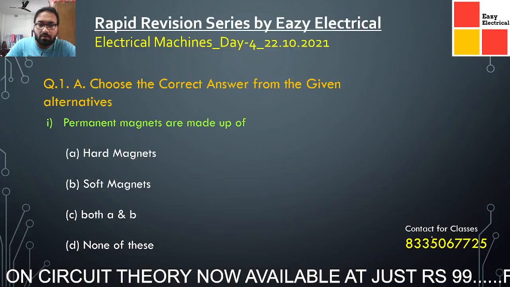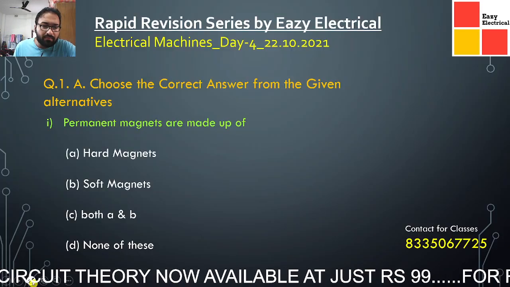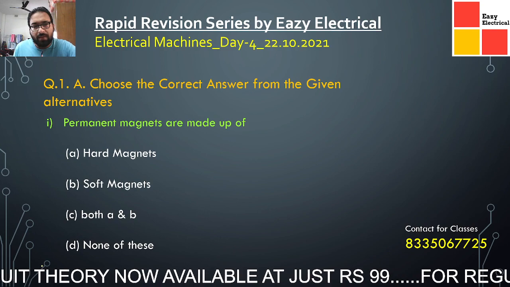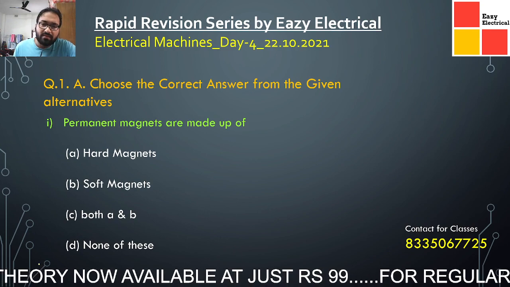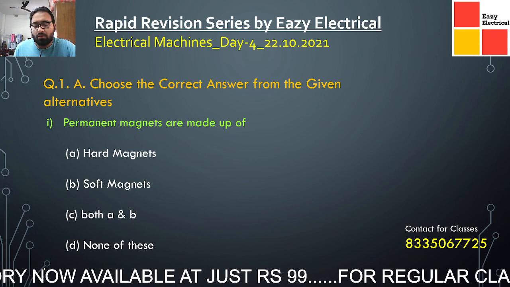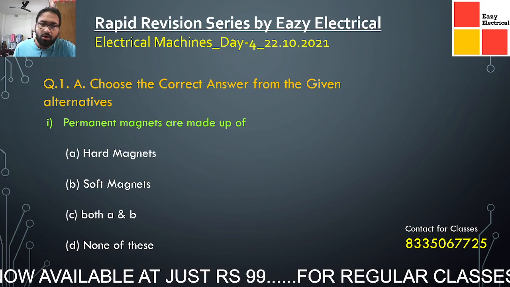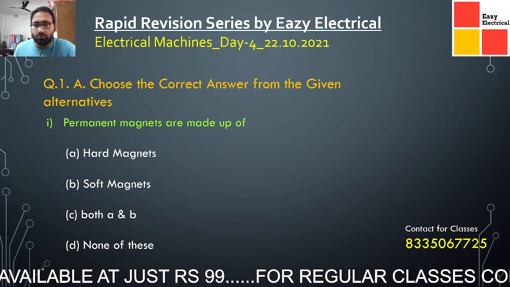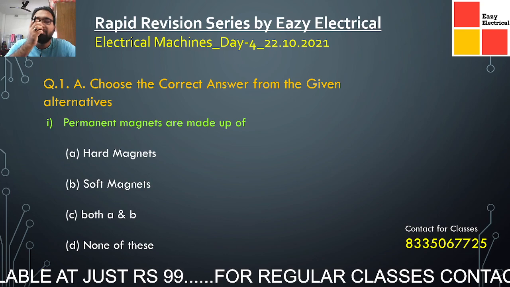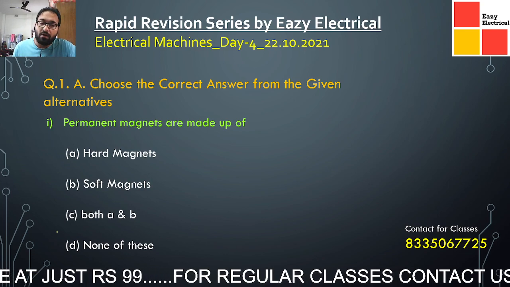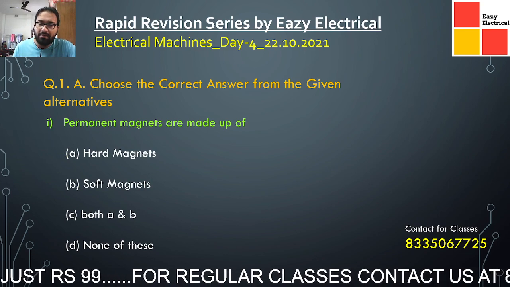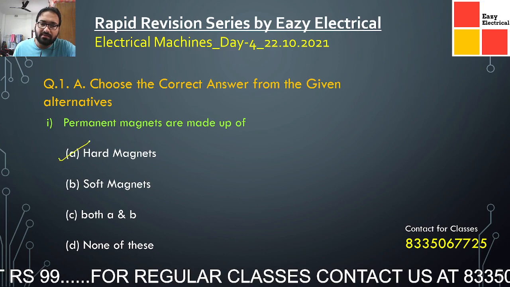Now the first question for today is: permanent magnets are made up of. Basically, one important note I would like to make is that not every material can be used as a permanent magnet. So for permanent magnetic material, out of the options, hard magnet is the right option.